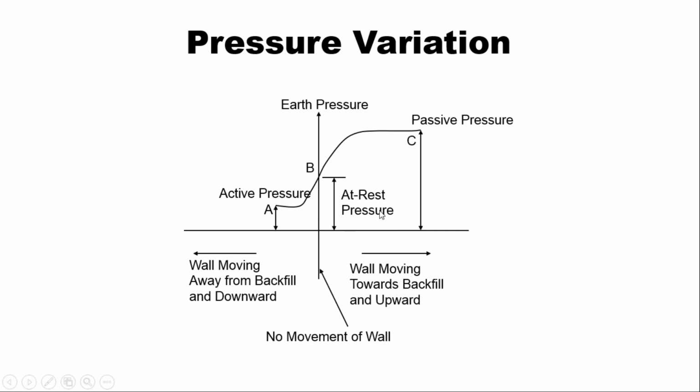If we plot the magnitudes of these three earth pressures, we can see that active earth pressure is the least out of these three. At rest pressure is greater than active earth pressure, and passive earth pressure is the largest pressure exerted by the soil on the wall.